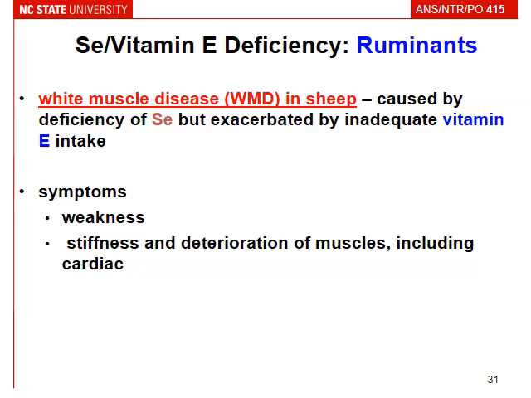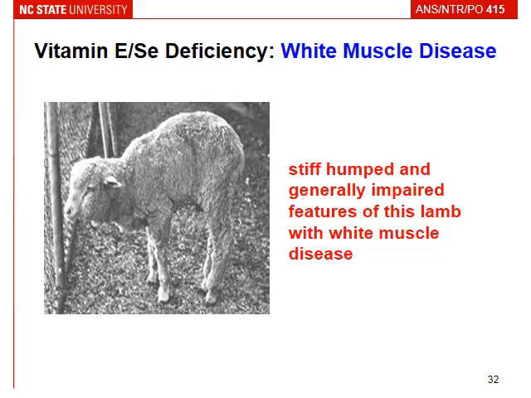Our symptoms, again, are weakness, stiffness, and deterioration of muscles. Here we have another reminder of that sheep that has white muscle disease. Again, you can see it's stiff and humpbacked, and that makes it more difficult for it to walk. This is an abnormal posture for a lamb.